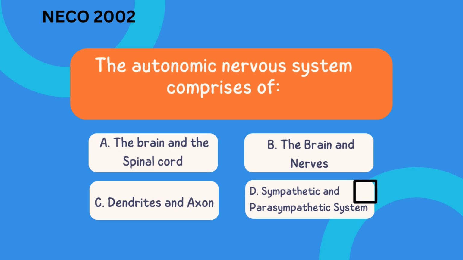Option C is also wrong because dendrites and axons are not the only part of the autonomic nervous system. The autonomic nervous system is subdivided into two, which include sympathetic and parasympathetic system.